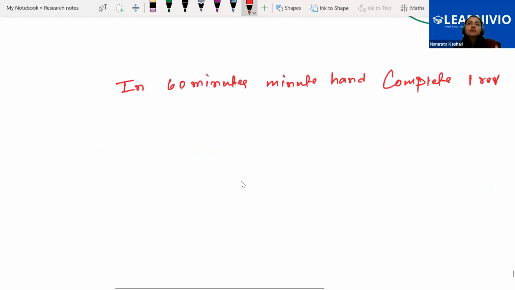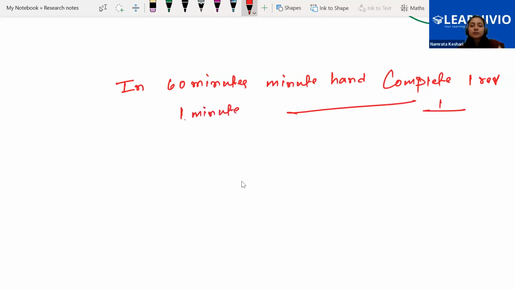So it's like we are going to a shop and the shopkeeper is saying that the price of 60 pieces is this much, then we are trying to find the price of 40 pieces, the unitary method. Can we write in 1 minute it will cover 1 by 60 revolution? Can we say, Alina?